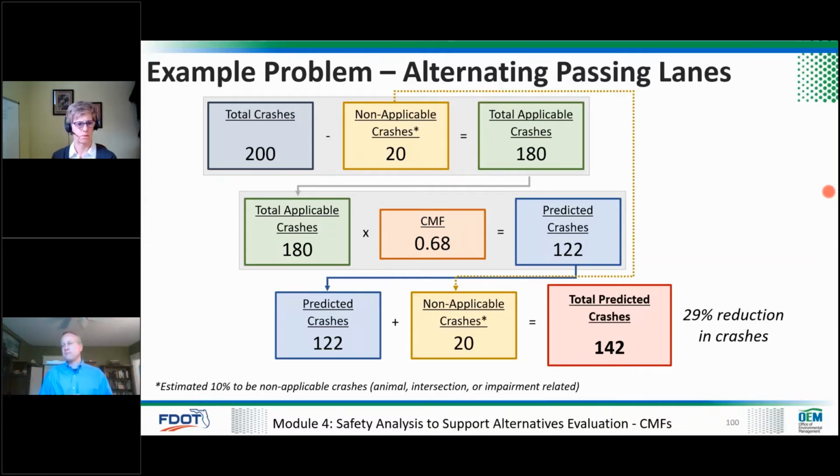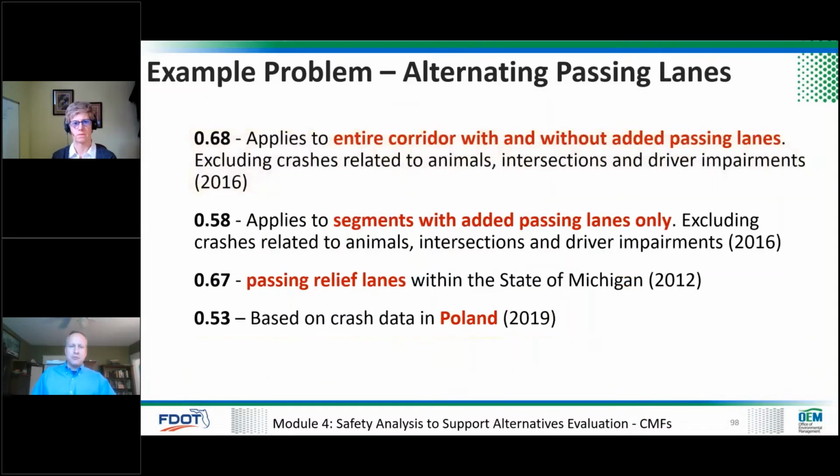I think that answers some other questions that are being asked about the application of the CMF. This example and the previous example are about what the research was based on and the applicability of crash types, crash severity, roadway context, roadway type, or intersection type, as to what the CMF can be applied against.